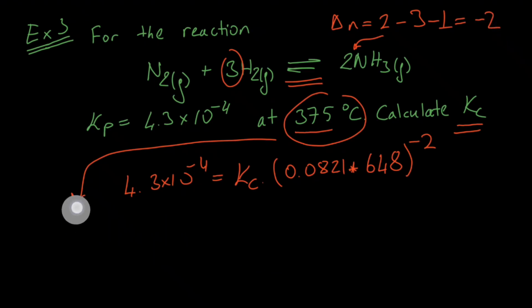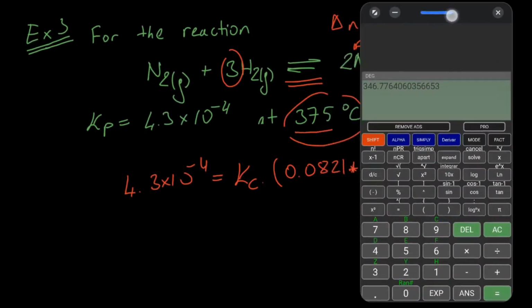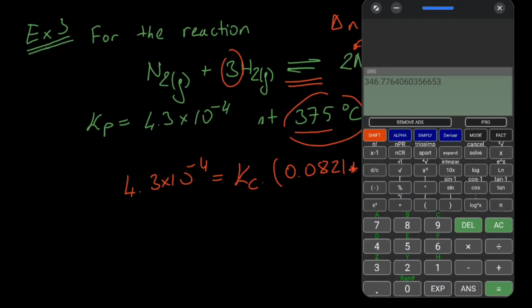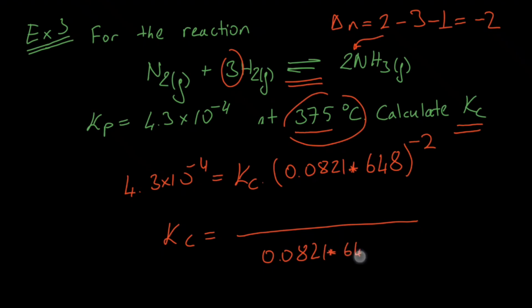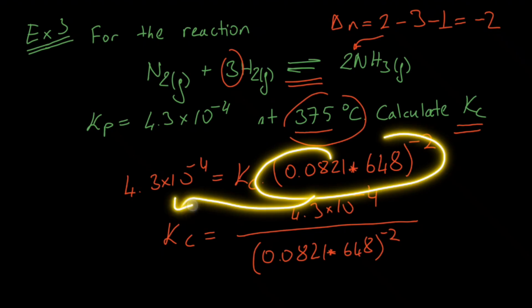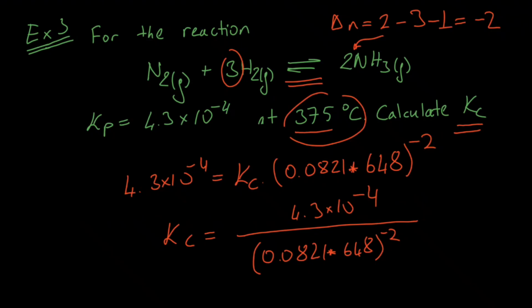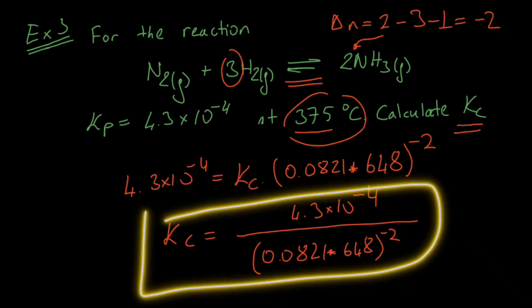And I want to calculate these numbers, and I will use a calculator. I will calculate Kc, right? I don't want to make a mistake. Kc should be equal to Kp divided by 0.0821 times 648 to the power minus 2. So this part goes here, and Kc should be equal to this value.